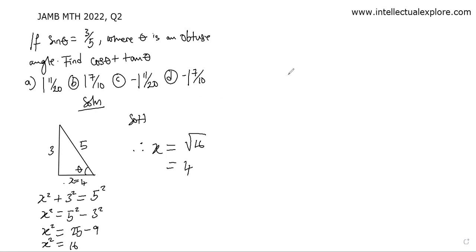An obtuse angle is an angle that is greater than 90 degrees, but less than what? 180 degrees. Let me draw a sketch of an obtuse angle. For instance, something like this.